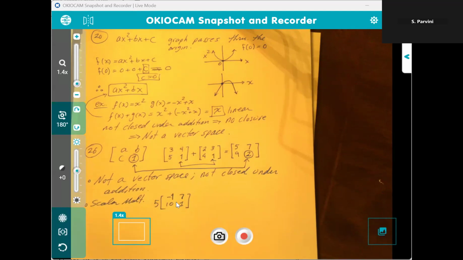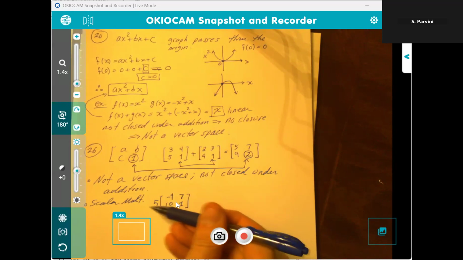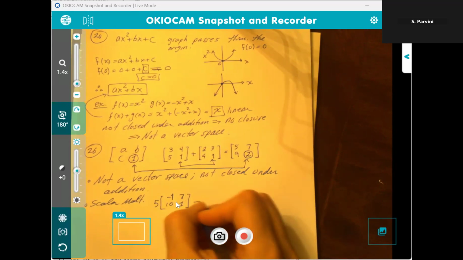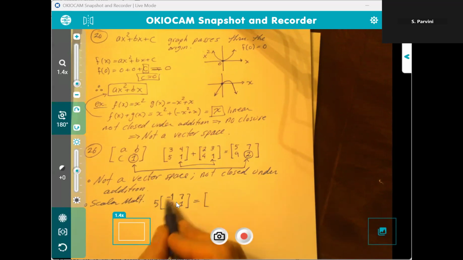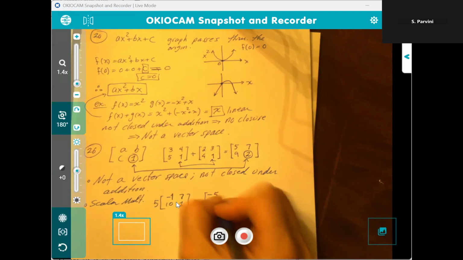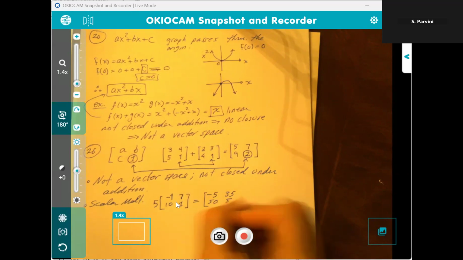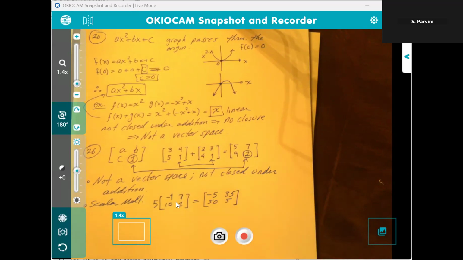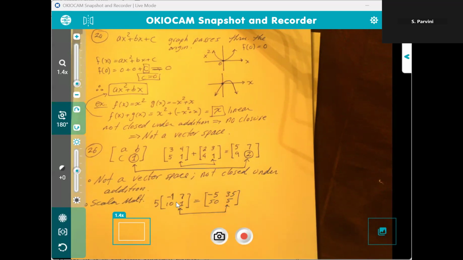Now, scalar multiplication, forget the set. How do we multiply a number times a matrix? Do we not multiply every element by 5? So it's going to be -5, 35, 50, and 5. True? What do you think? Is the set closed under scalar multiplication?